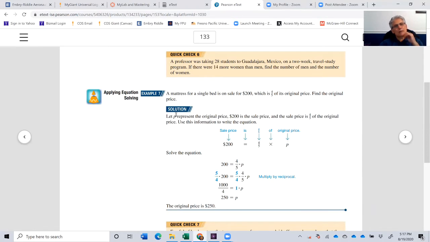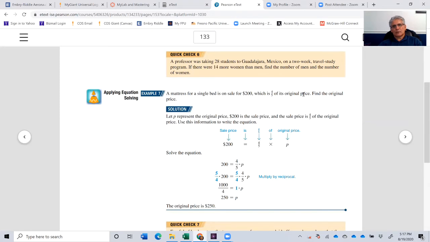Okay, moving on to example number 7. A mattress for a single bed is on sale for $200, which is 4/5 of its original price. Find the original price. Actually, we've done similar problems earlier when we were looking at base rate. Let's see how it works. The word "of" implies multiplication.